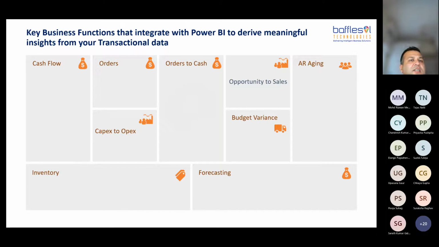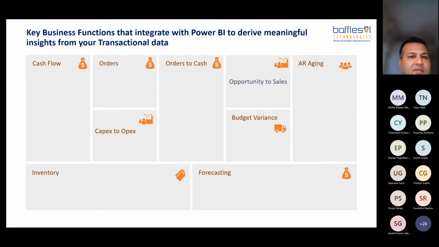Let's look at the key business functions, as an example, because we are talking about the CFO. What different processes or areas might interest the CFO, and where might they focus more? Cash flow, number one, is the crux of your business.